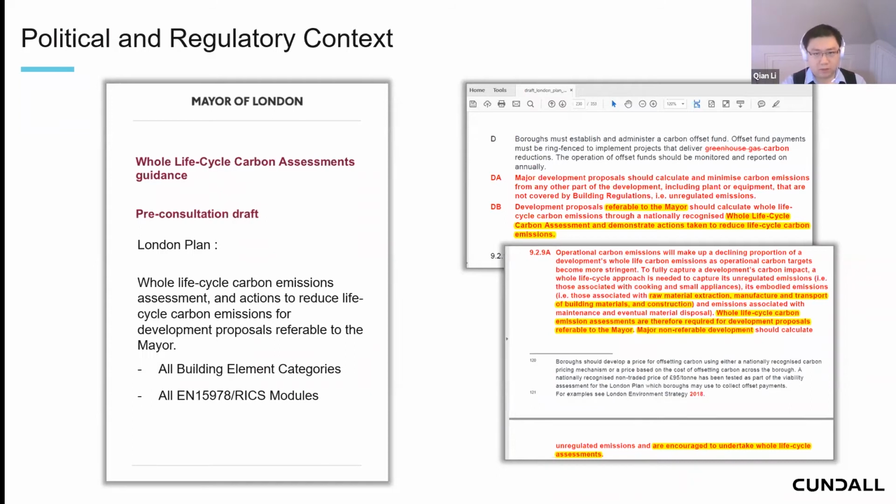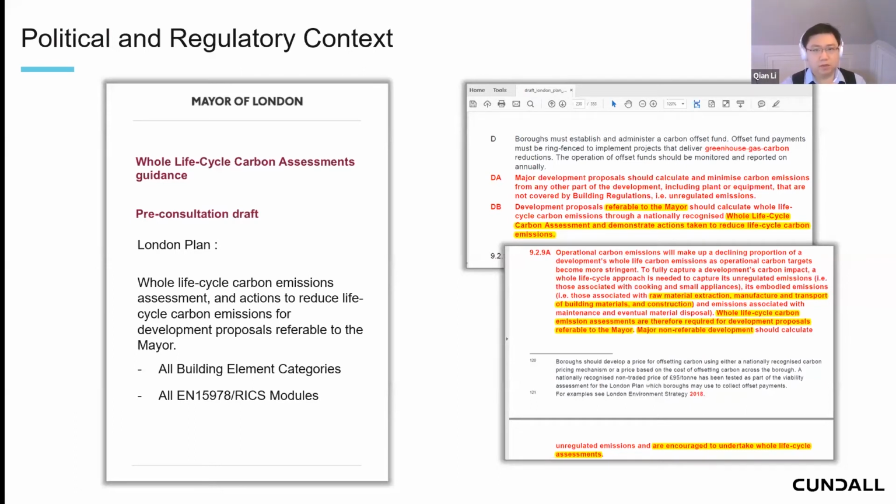The core of the methodology is the British standard and the RICS professional statement. But there are lots of interpretations of how to read and analyze against those requirements, and what assumptions need to be made at each stage. And the guidance sets out a proper explanation of this.